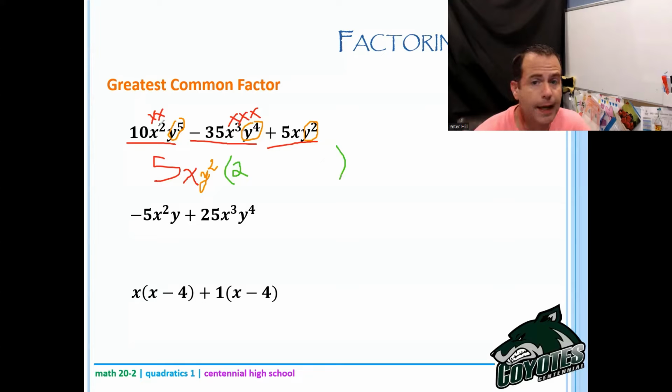When I divide x squared by x, go back to your exponent laws: when I'm dividing powers of the same base, I subtract the exponents. So x is like x to the 1, and 2 minus 1 is 1. So x squared divided by x is just x. And y to the 5 divided by y to the 2 would give me y to the 3.